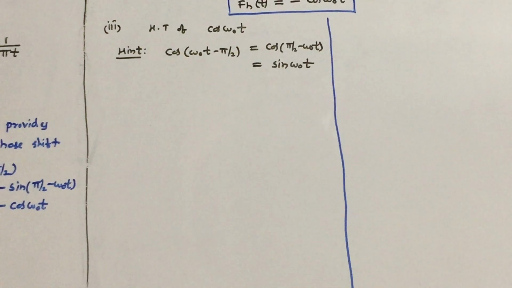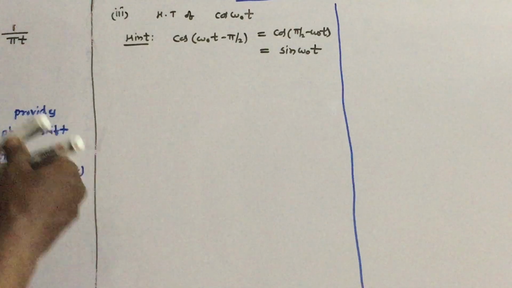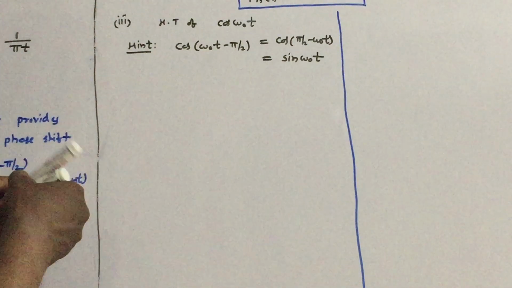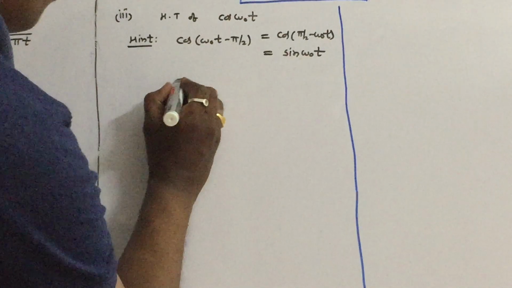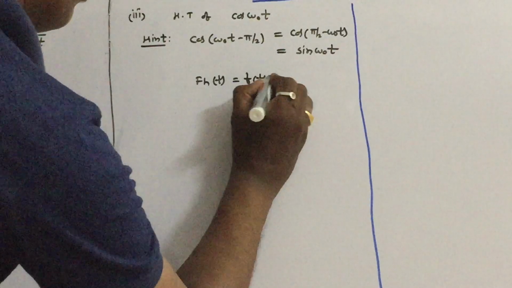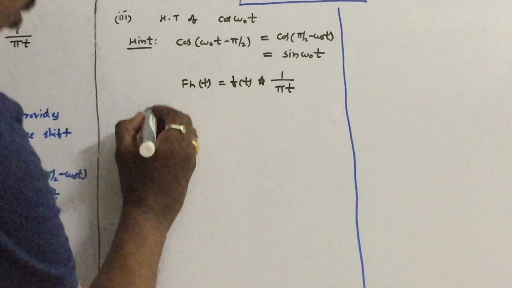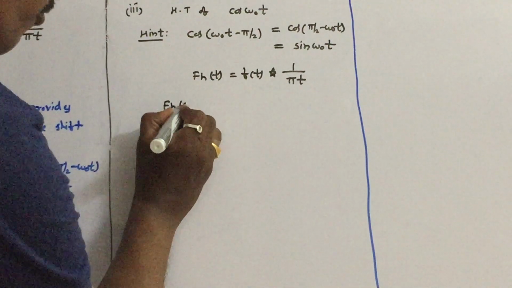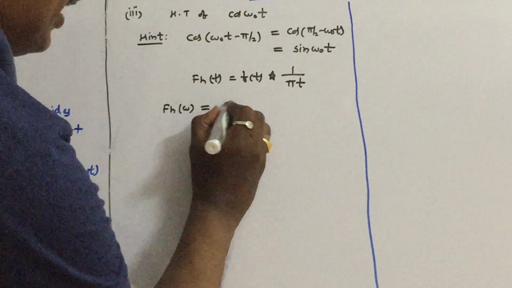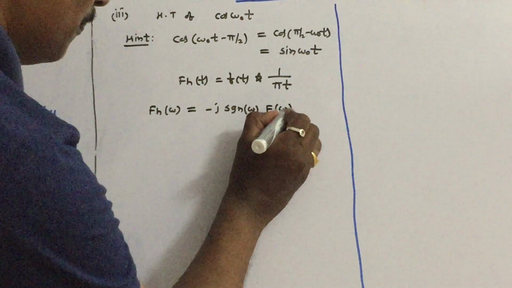Let us do it by the procedure. What is the Hilbert transform formula? f_h of t is equal to f of t convolved with 1 by pi t. If you take the Fourier transform, F_h of omega is equal to minus j sigma of omega into F of omega.